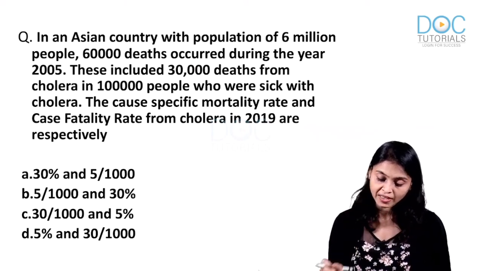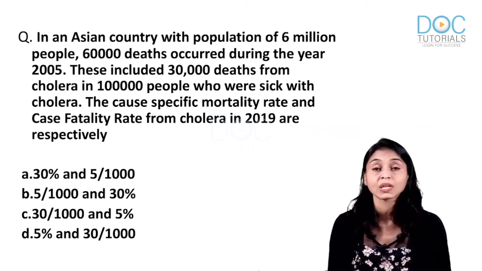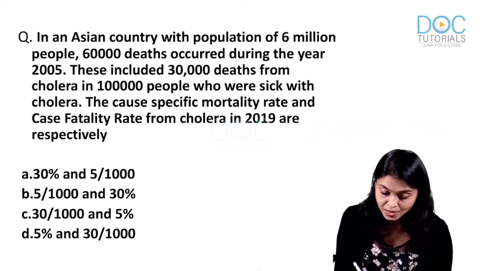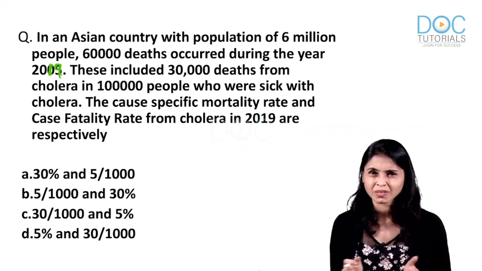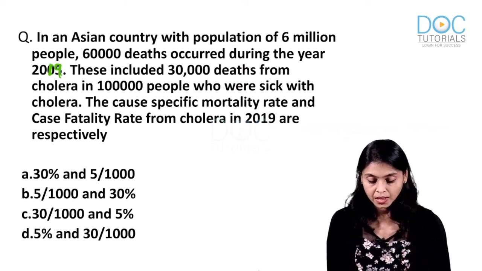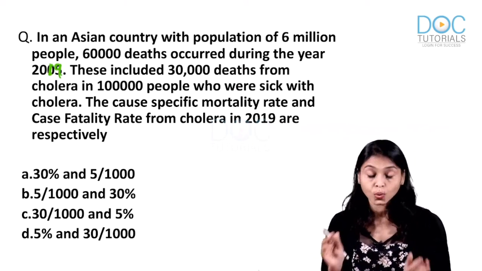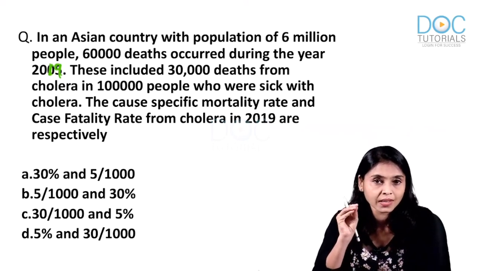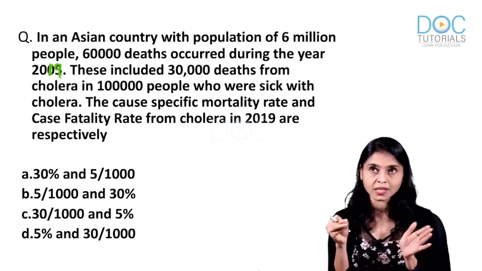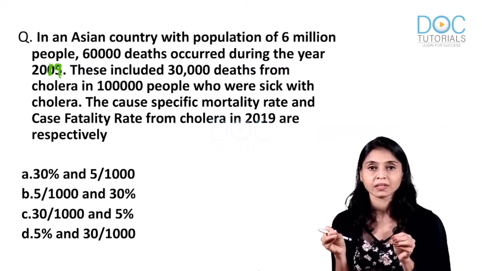What are the cause-specific mortality rate and case fatality rate from cholera in 2019? Sorry, both are the same year; it's a printing mistake. So, what is the answer? Just take 30 seconds to think. Just think whether you know how to apply it.